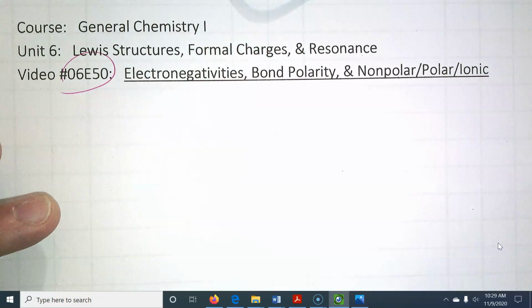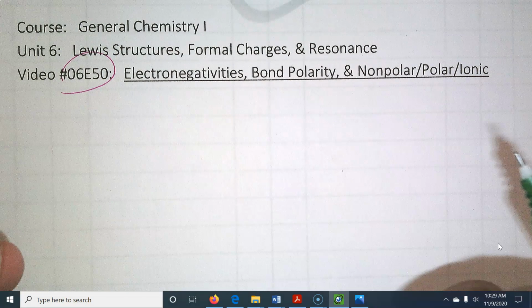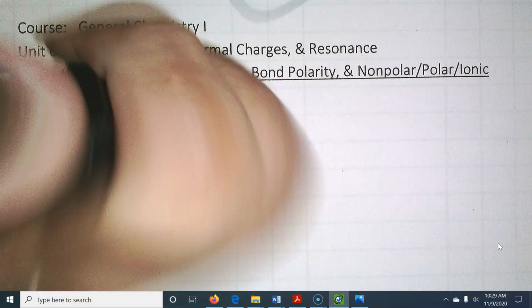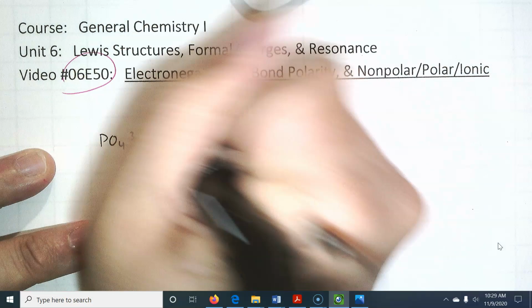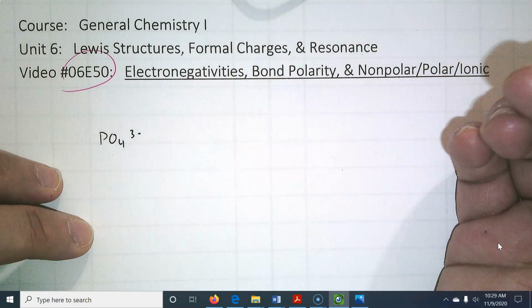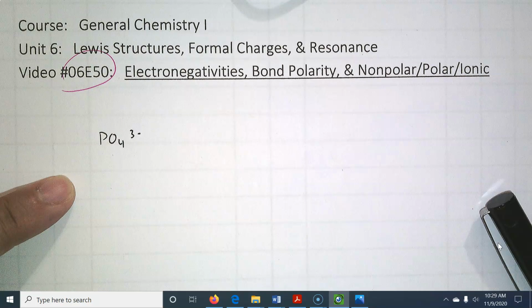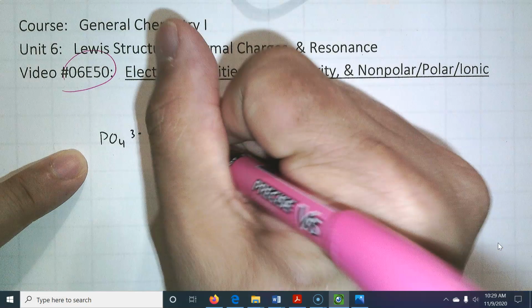But this is important also for our ability to draw Lewis structures. For instance, if I have PO4 3 minus, we have to identify the central atom, and maybe it's easy. It's easy to see, hopefully, that the central atom should be phosphorus.